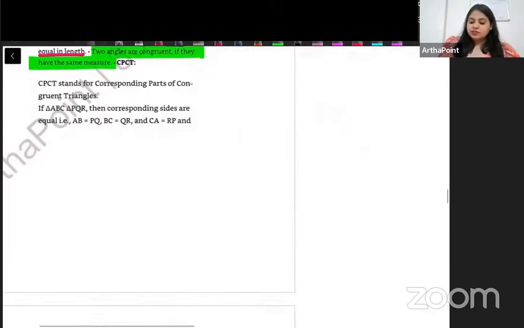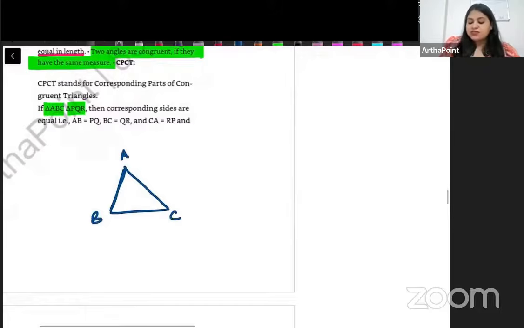Let's say that triangles ABC and PQR are congruent. That means they have the same size and shape.